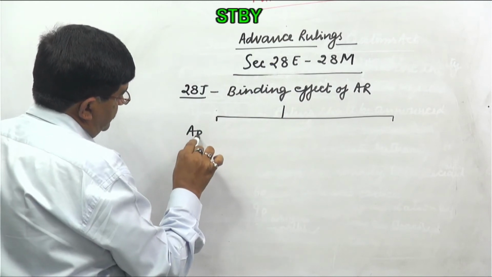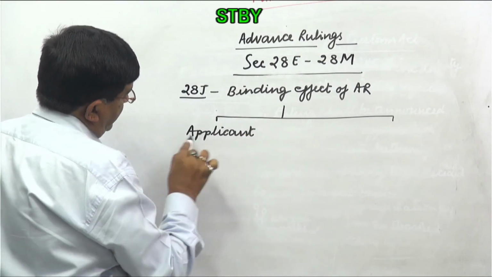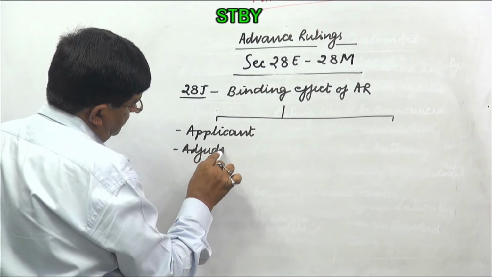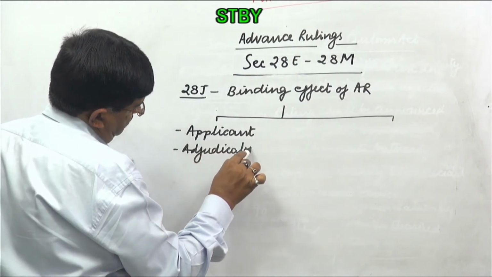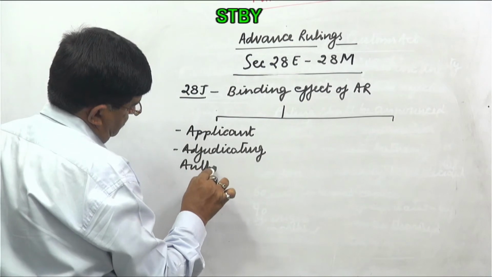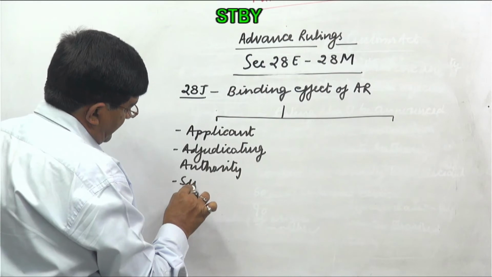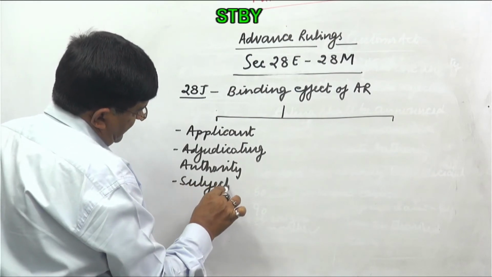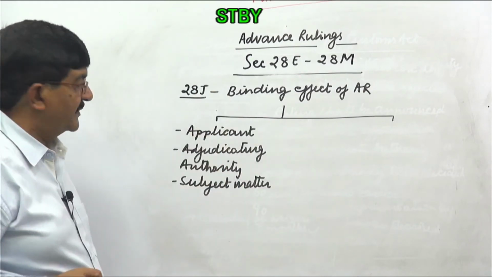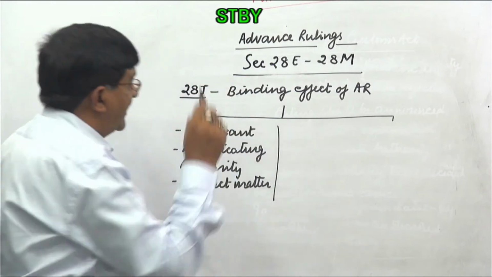Applicant, adjudicating authority and subject matter on which advance ruling has been given, right? So these three things combined together, there is a binding effect.